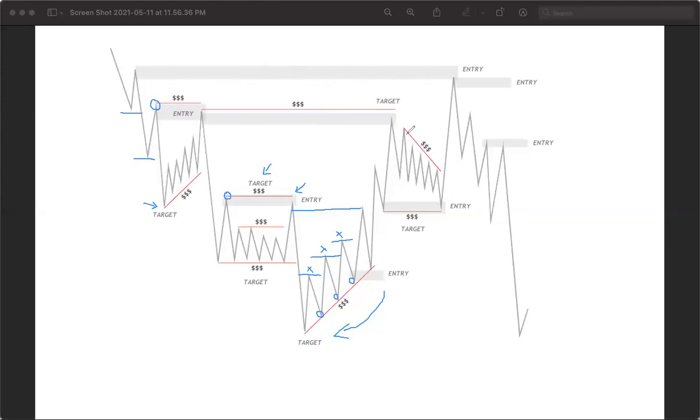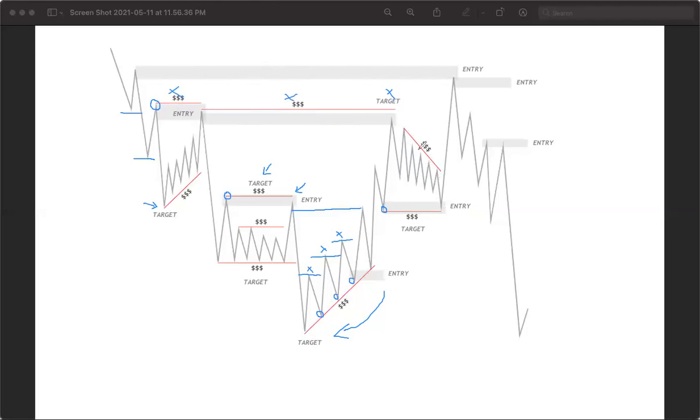And then if we start seeing consolidation like this is a great entry. Taking our buy from here, running out all these highs up here. Okay, so when I see this, this is my favorite type of setup.